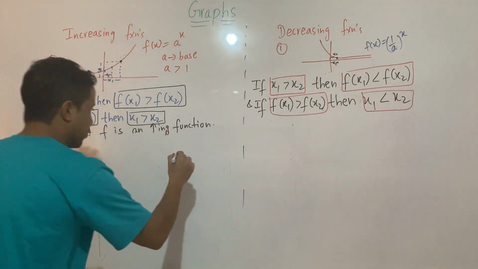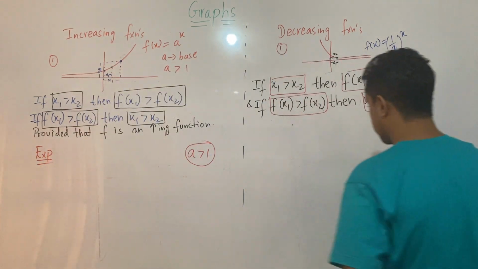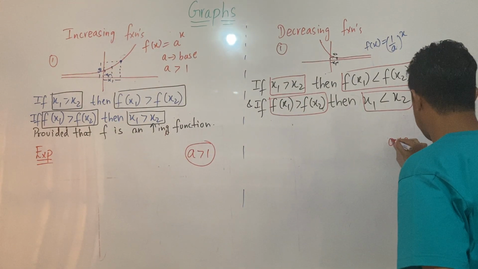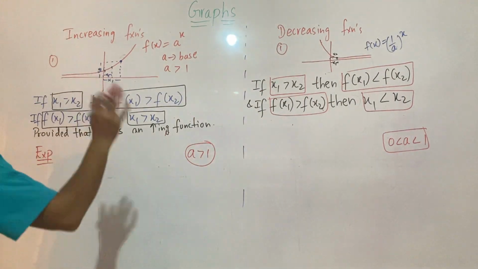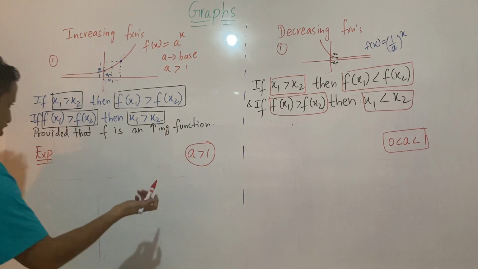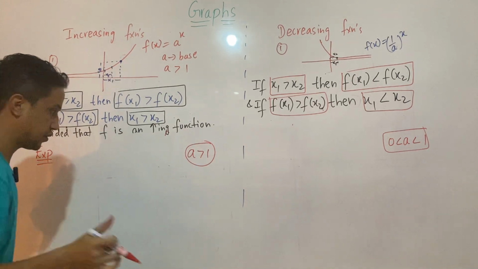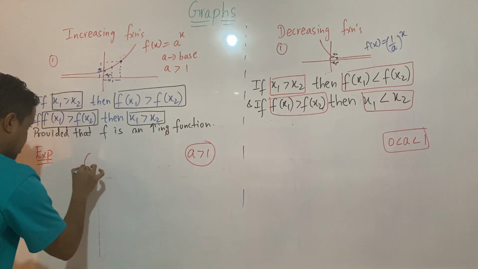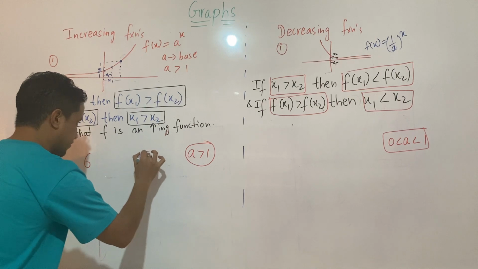Here we are just going to take base greater than 1, and here we are just going to take base between 0 and 1. Let's say I'm taking two numbers. Here I am taking 6, and here I am taking 5.